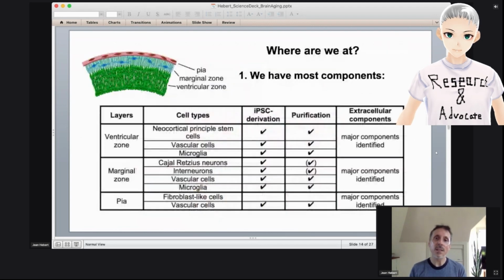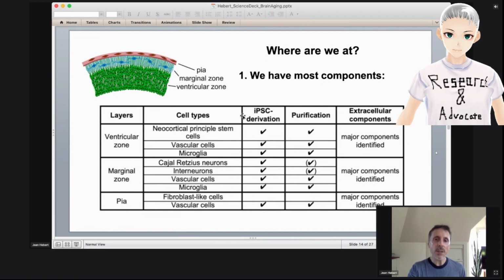So here's where we're at with this project. This is again the proto-tissue that we want to make. It has three layers, this pia layer, this marginal zone, ventricular zone, it doesn't matter too much for your purposes what they're called, but they have relatively few precursor cells in them.